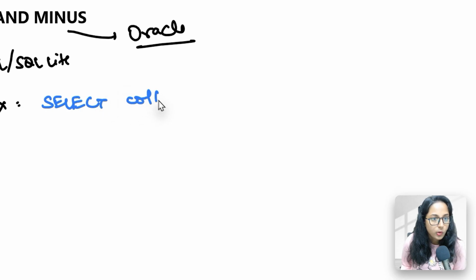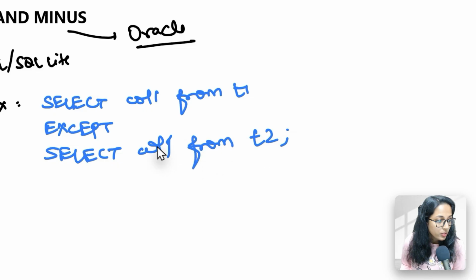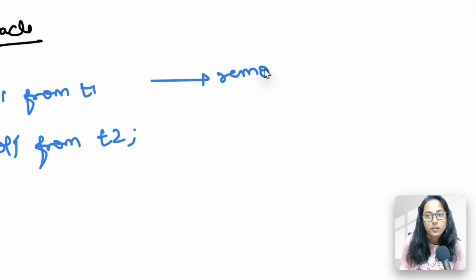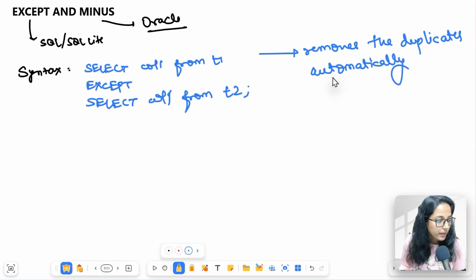Select column 1 from table 1, and I will put except, select column 1 from table 2. It will give me only the rows that are in the first result and not in the second. It removes the duplicates automatically.